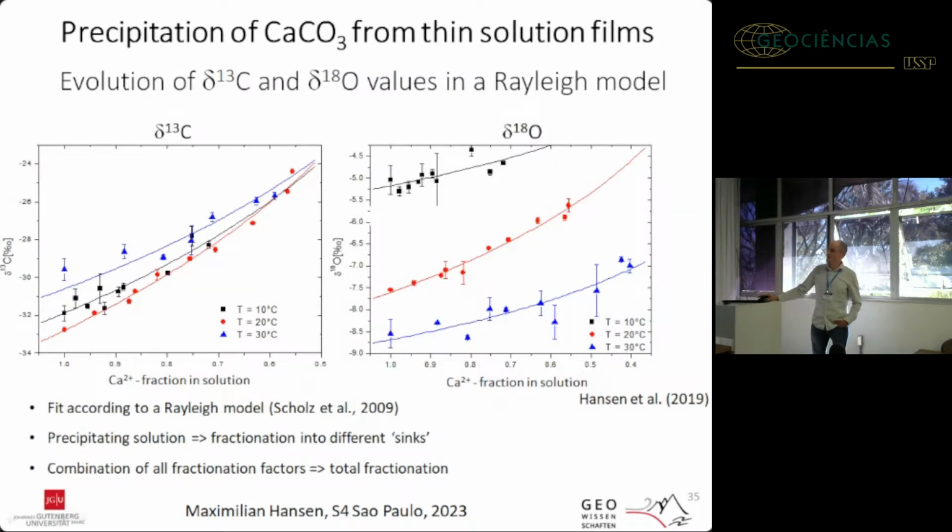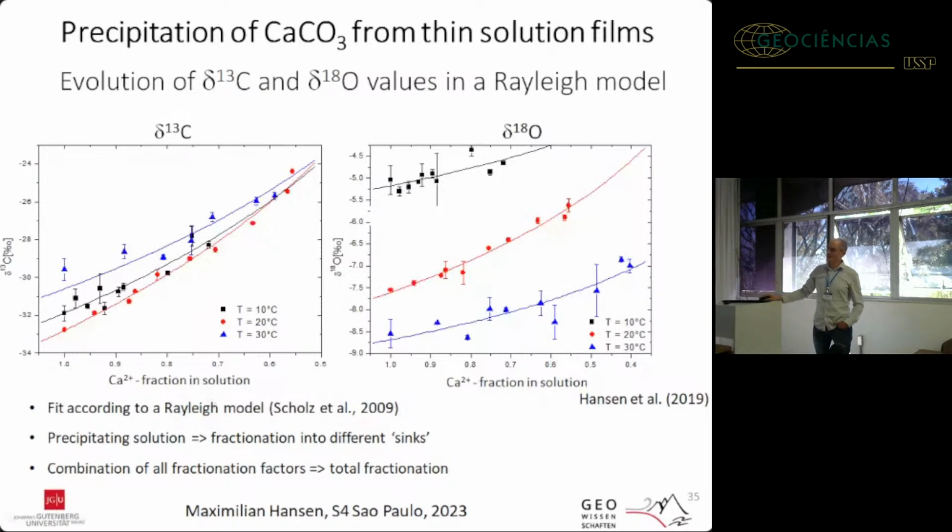So this is what you get if you take the stable isotope values of the DIC. This is again a plot for delta 13C and delta 18O, but this time plotted against the remaining calcium fraction in the solution. This can be calculated from the plot I showed you in the beginning, the exponential decrease of calcium ions in the solution.